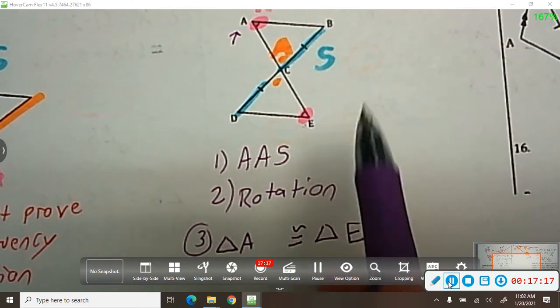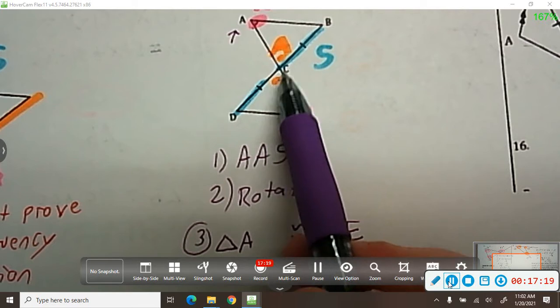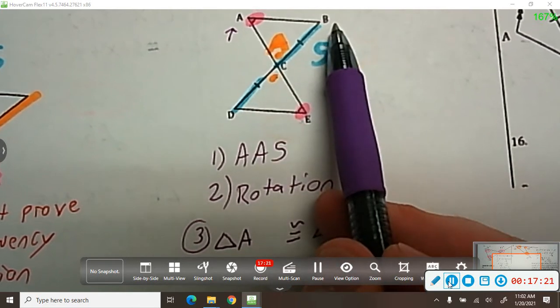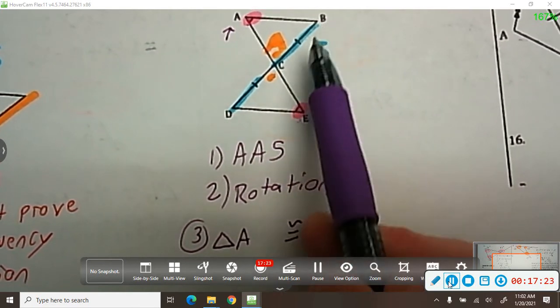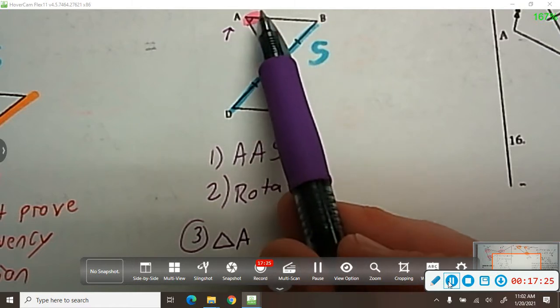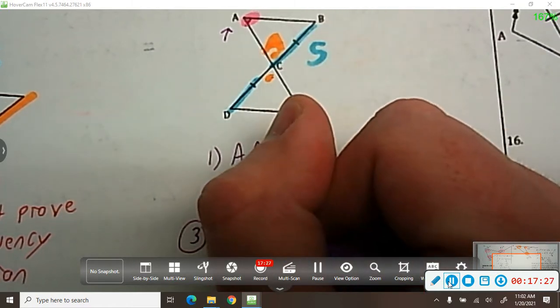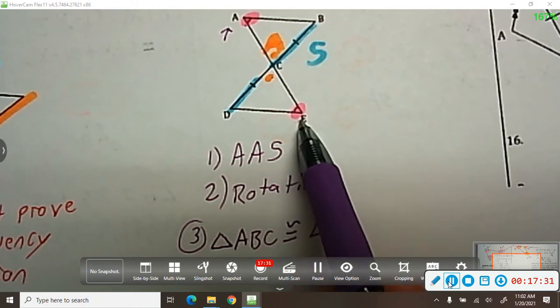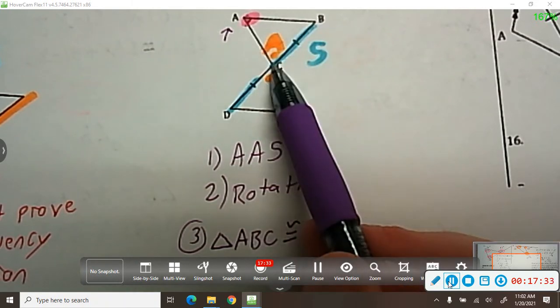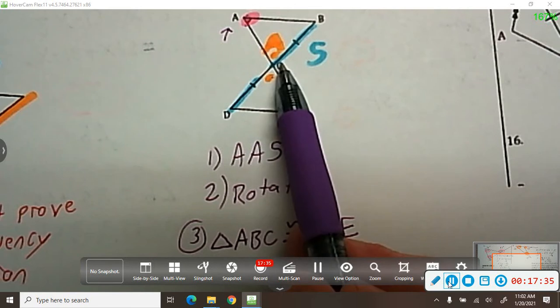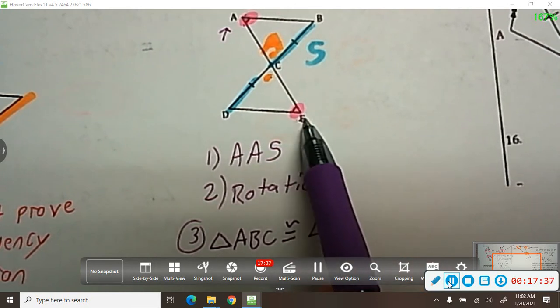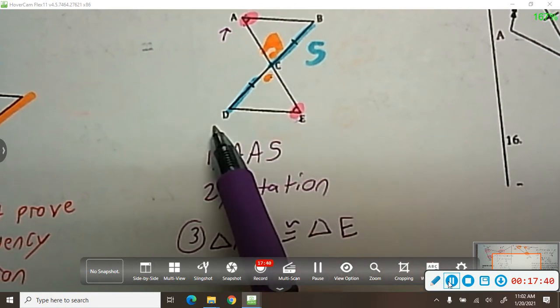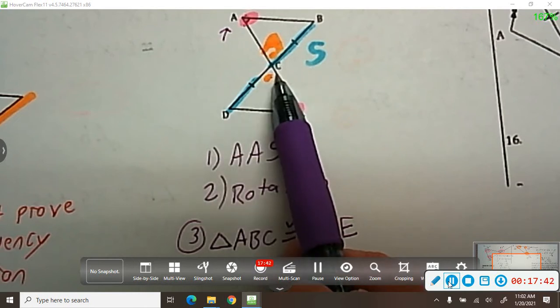And then it's really your choice. Do you want to go ABC or do you want to go ACB? So let's say we call this triangle ABC. Now the order here would matter. If you go this way, you need to go that way on the other one. You cannot go E, C, D. The C should be in the same spot.